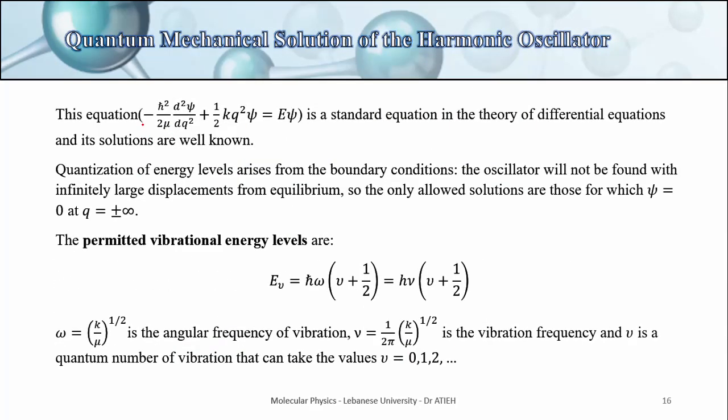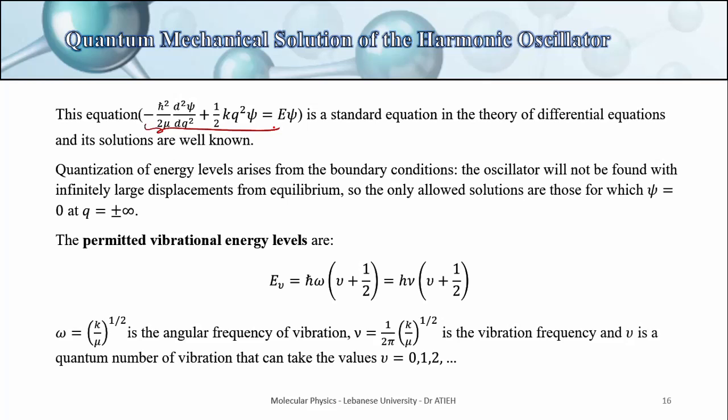The solution of this differential equation is not developed here in this course, but this equation is a standard equation in the theory of differential equations and its solutions are well known. The quantization of energy, or the quantization of the eigenvalues E, arises from the boundary conditions.